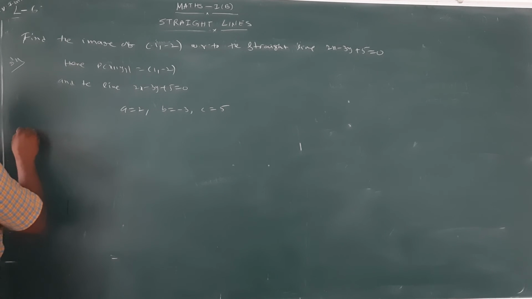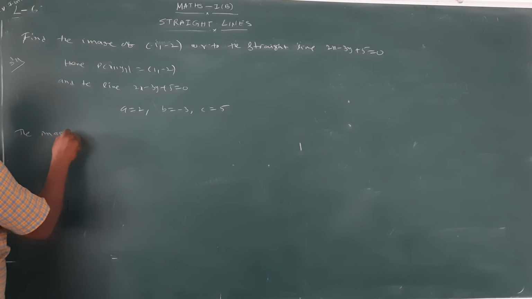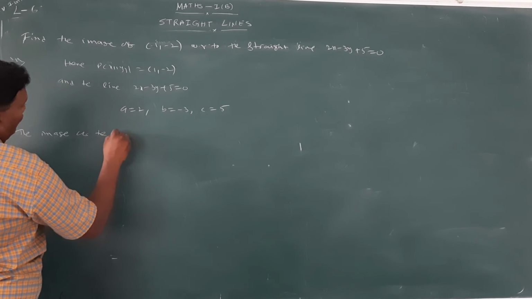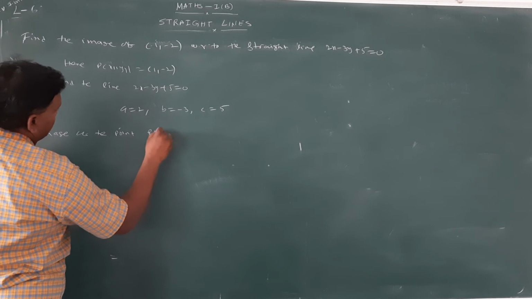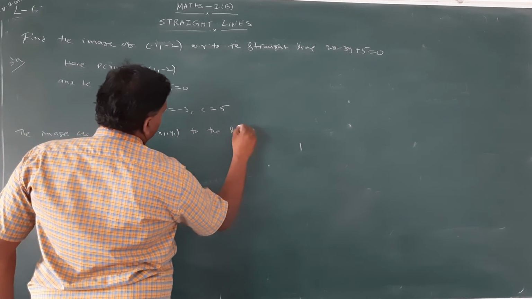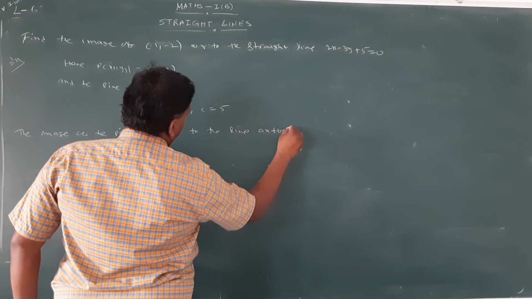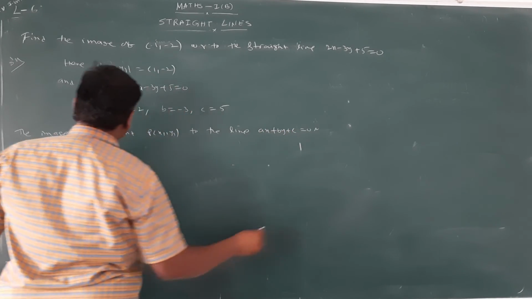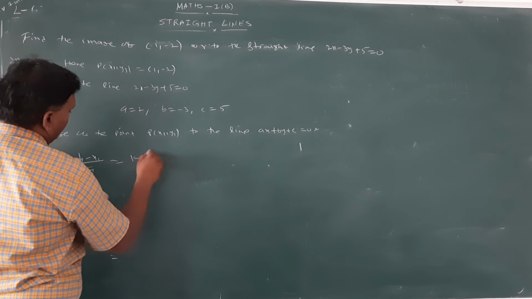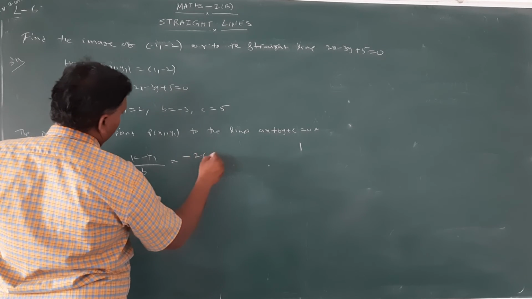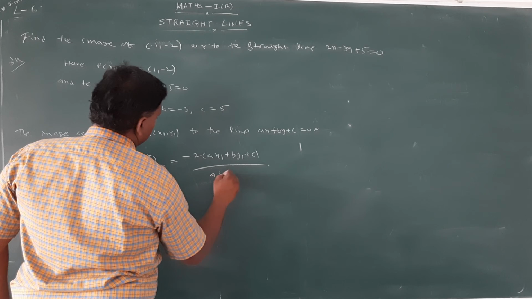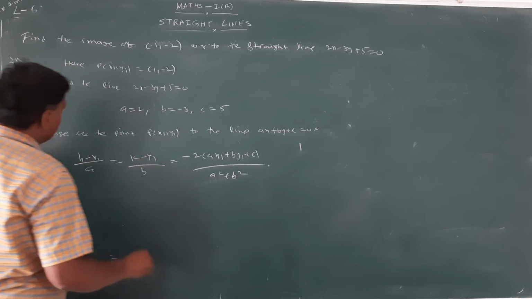The image of the point P(x1, y1) with respect to the line ax + by + c = 0 is (h - x1)/a = (k - y1)/b = -2(ax1 + by1 + c)/(a² + b²).